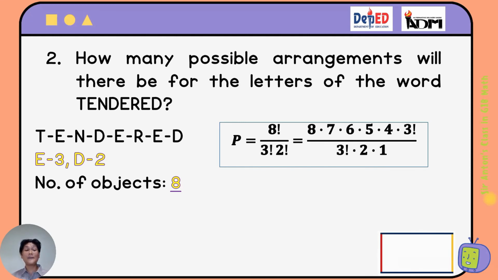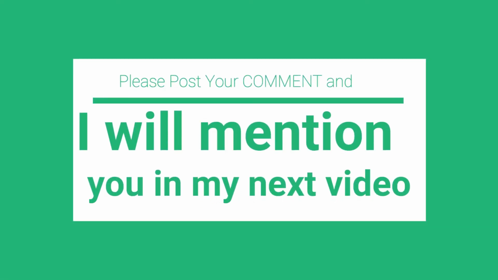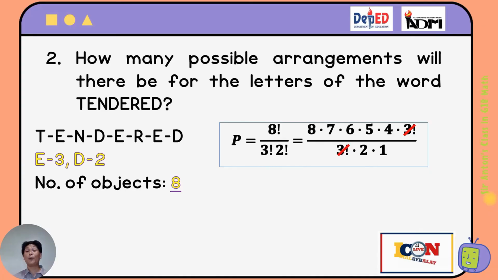D is repeated 2 times, so 2 factorial. For the 8 factorial, 8 times 7 times 6 times 5 times 4 times 3 factorial, because we have 3 factorial in the divisor, so we can divide 3 factorial by 3 factorial, that's 1.